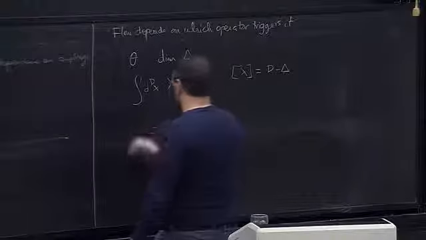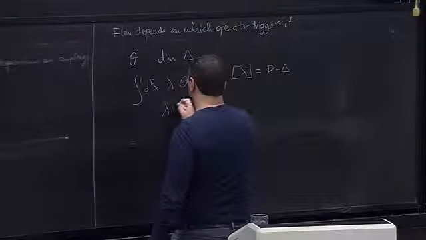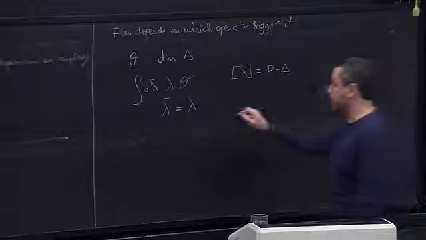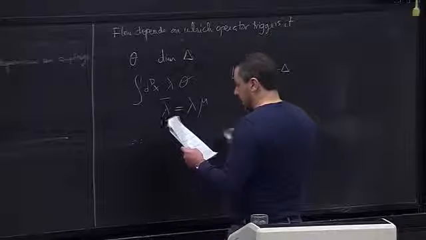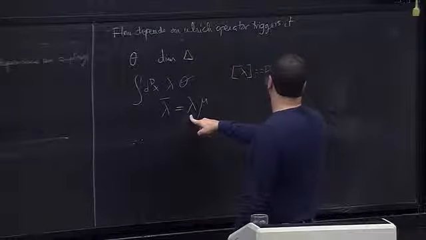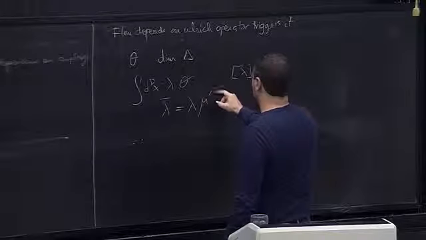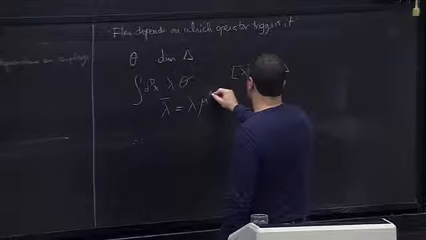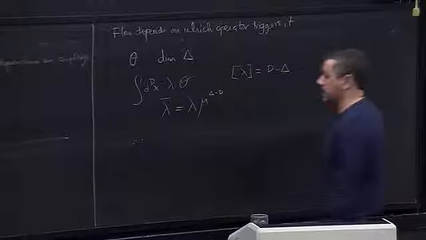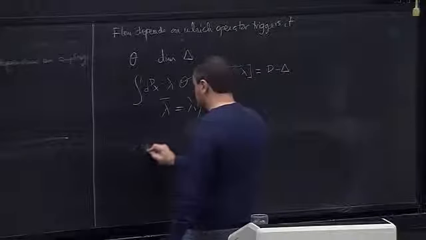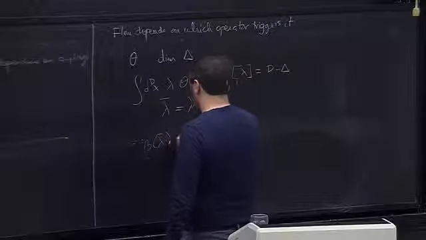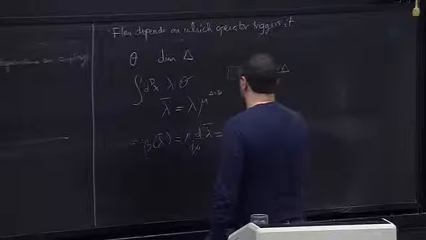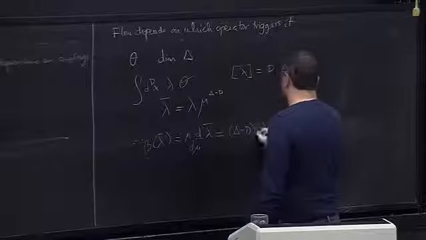One useful way to think about it is that I can define a dimensionless coupling constant from a dimensionful coupling constant by introducing some mass scale, mu. So lambda bar is lambda times mu to the delta minus D. Now the beta function of this coupling, classically, is mu d lambda bar by d mu. It's going to be delta minus D times lambda bar.